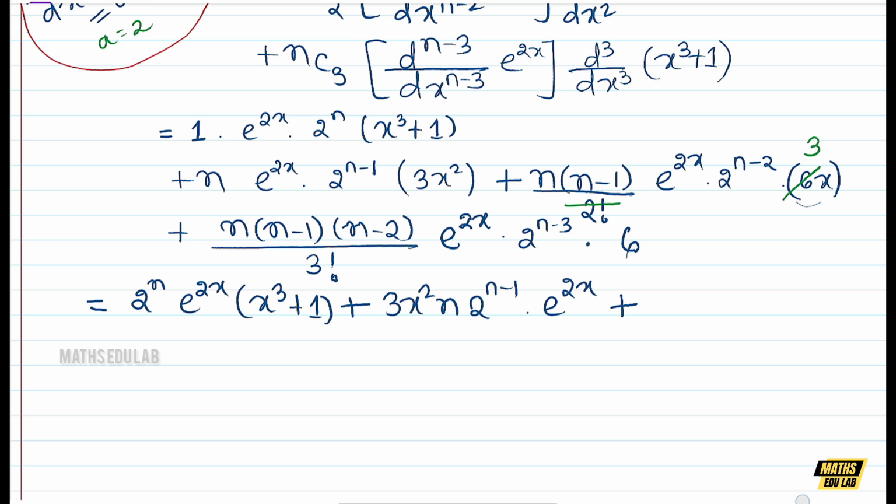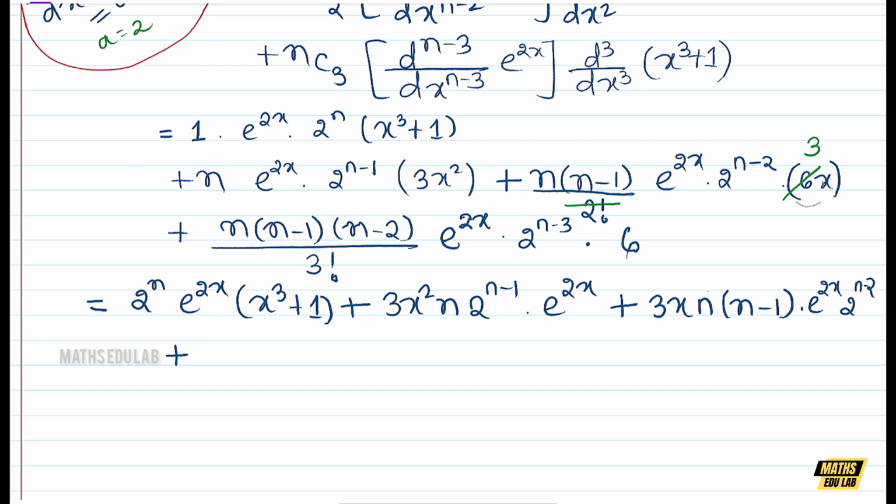So the value will be 3x into n into n minus 1 into e to the power of 2x into 2 to the power n minus 2.